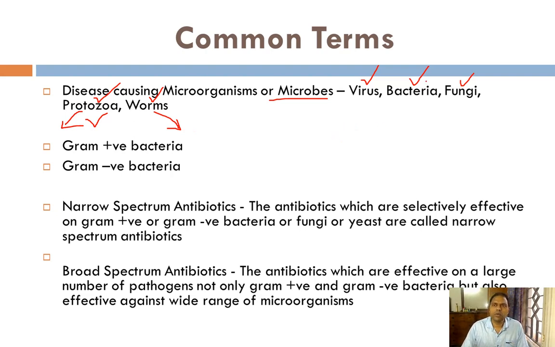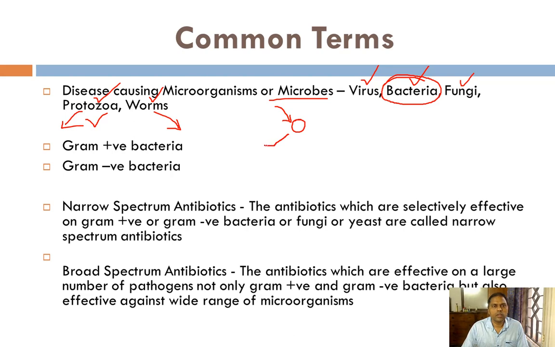In this chapter, we are talking only about bacteria. In bacteria, there are two types: gram-positive and gram-negative bacteria. In the laboratory, they stain the bacteria using a dye.